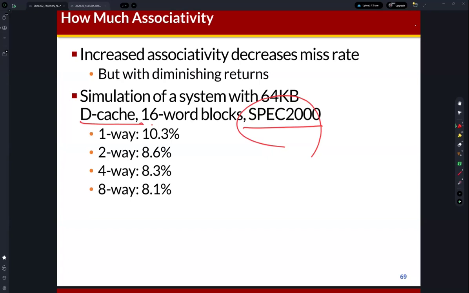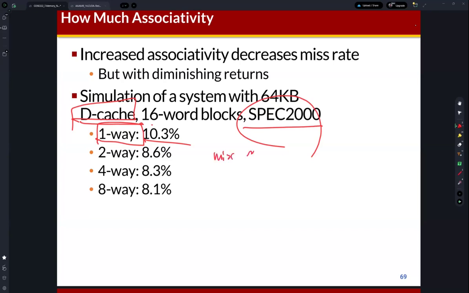So for the one-way set associative cache, it's a direct mapped cache, right? One-way set associative cache is a direct mapped cache. For the direct mapped cache, the data cache exhibits around a 10% miss rate, okay?